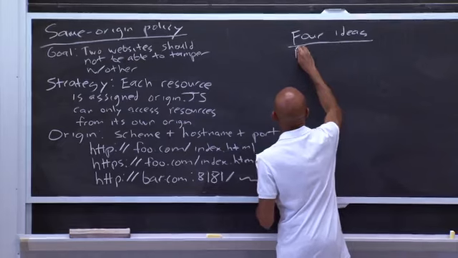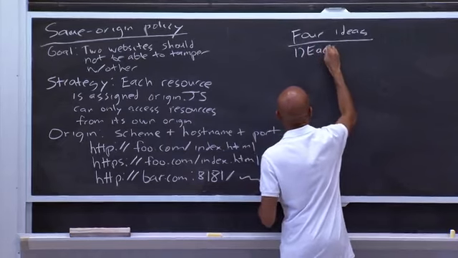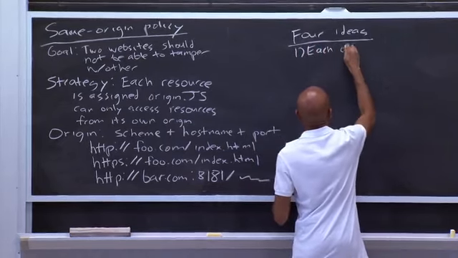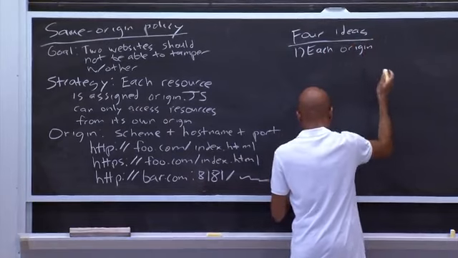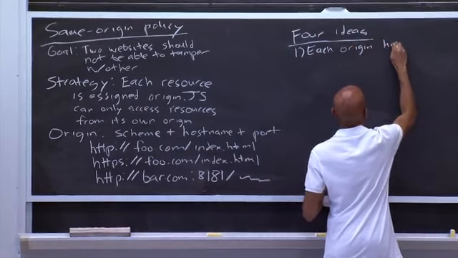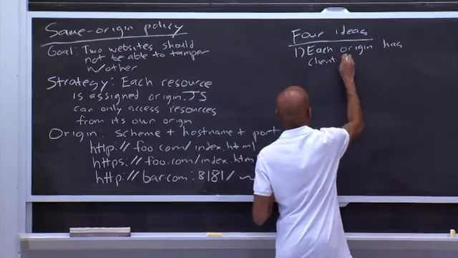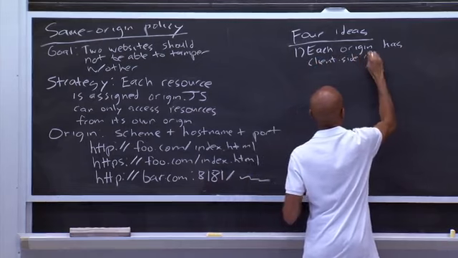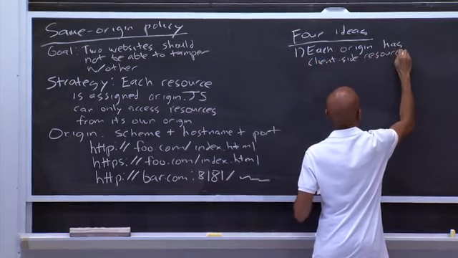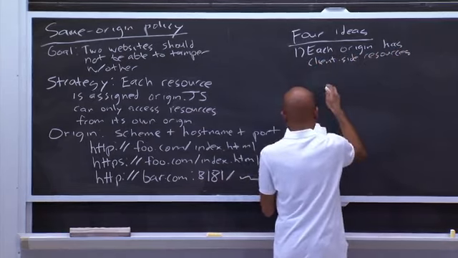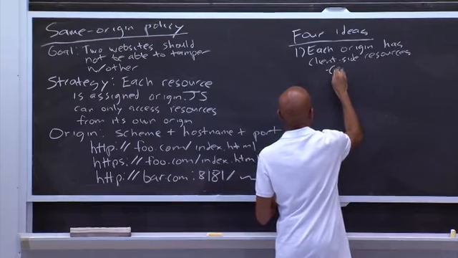So first idea is each origin has client-side resources. And so what are examples of those resources? Things like cookies.